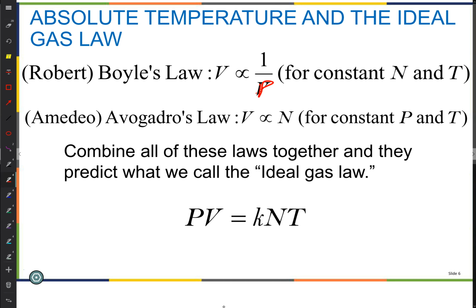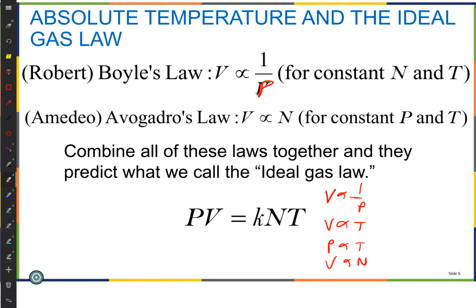So we have volume is proportional to 1 over pressure, and volume is proportional to temperature, and pressure is proportional to temperature, and volume is proportional to N. If we take all of those and put them together, we could, if we wanted to put like volume equals K1.